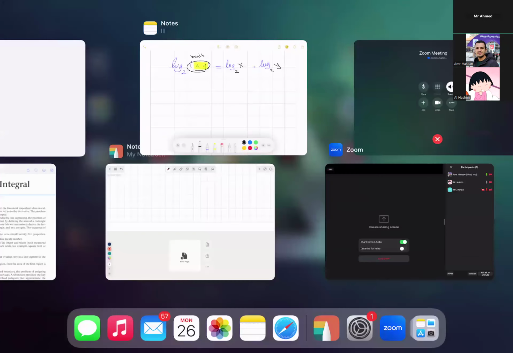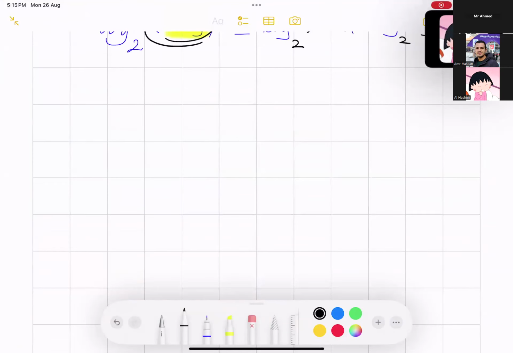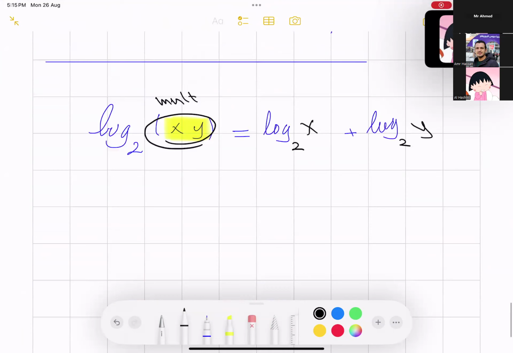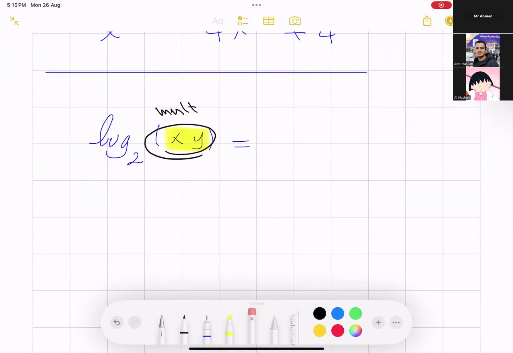Okay, let's get started. So the first rule that we have learned: if you have logarithm x and y together, this one is kind of multiplying, right? And we have learned in the last session, if we have multiplying, we need to turn it into addition, right? What I want to do is just try to write a double log, and remember, in the middle this one is kind of addition, right?